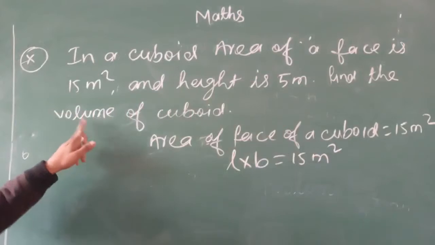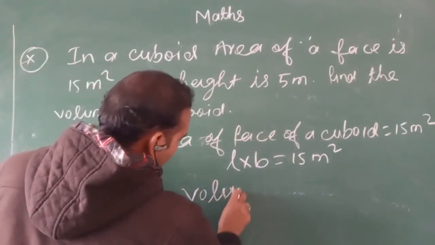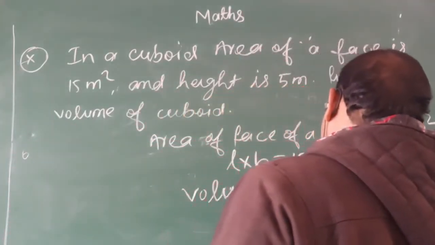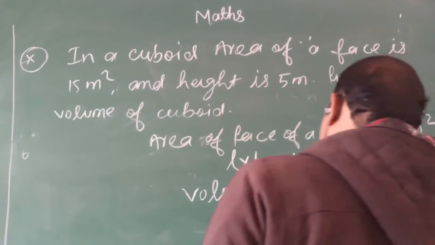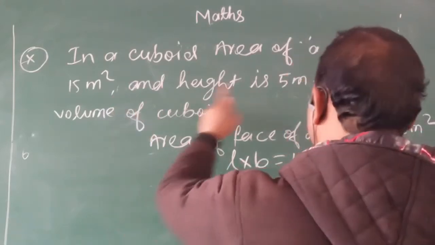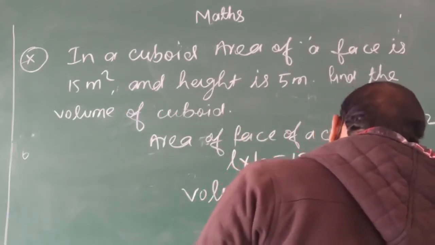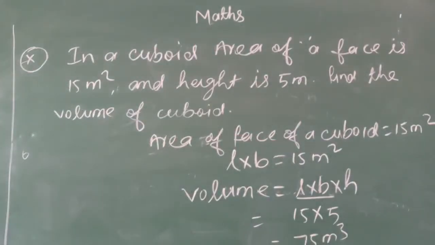And what to find? Volume. Volume of a cuboid is length into breadth into height. We have length into breadth as 50 and height is 5. That is 250 meter cube is the volume of that required cuboid.